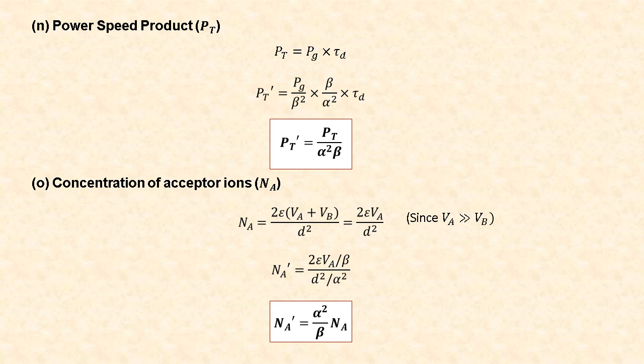Epsilon permittivity is a constant, hence it has no scaling, and the voltage is scaled by 1 by beta and the length is scaled by 1 by alpha. So d square is scaled by 1 by alpha square. So rearranging, we have the concentration of acceptor ions scaled by alpha square by beta.